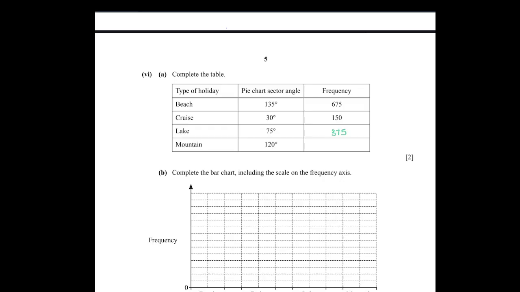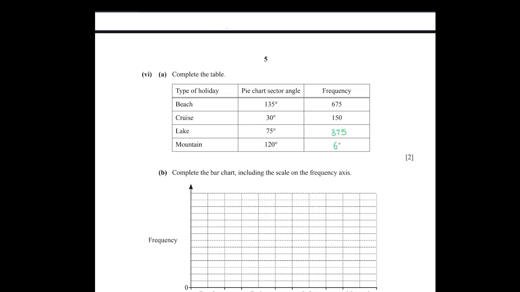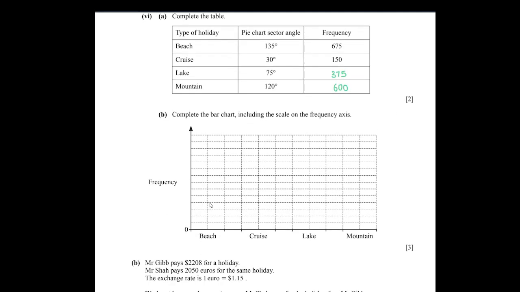Next we need to do the same way but take 120 in the numerator. Then the answer will be 600. This is question number A done in the fourth one.